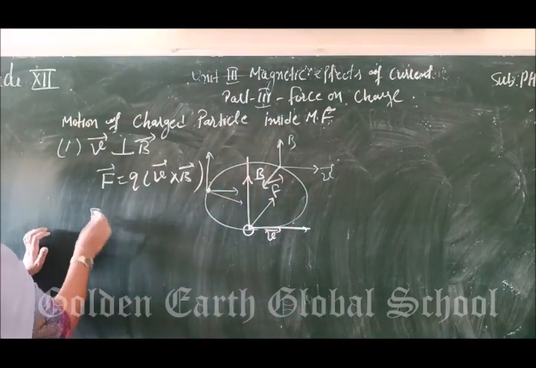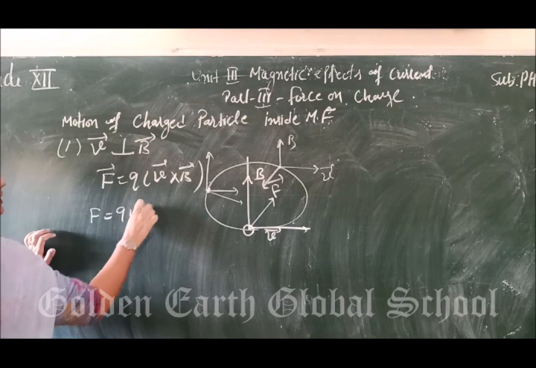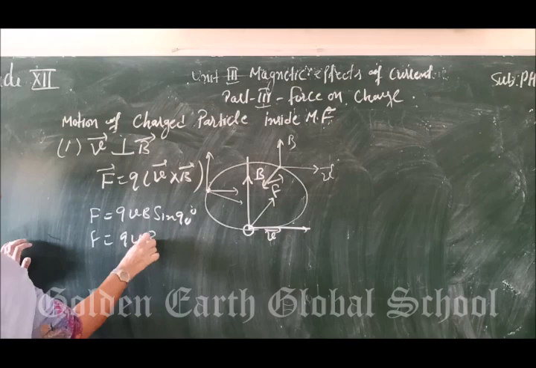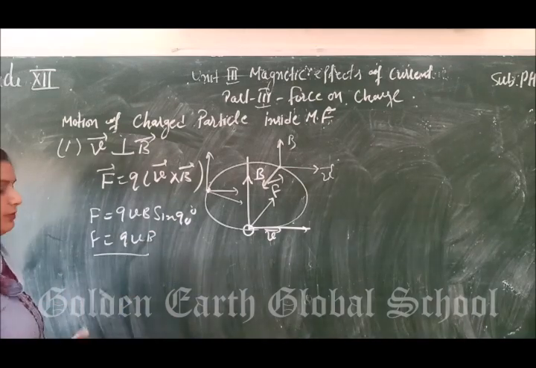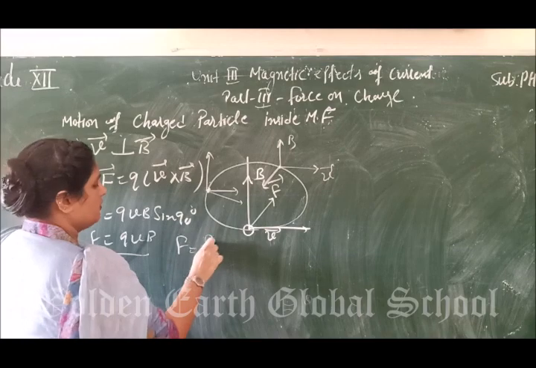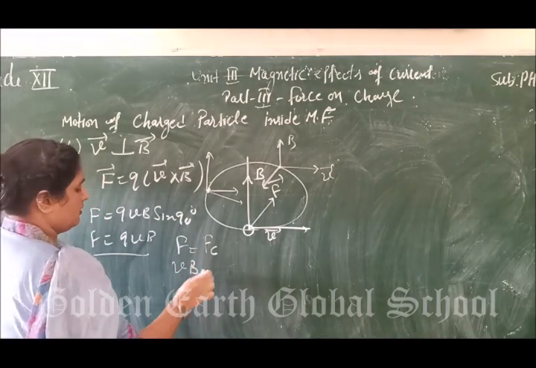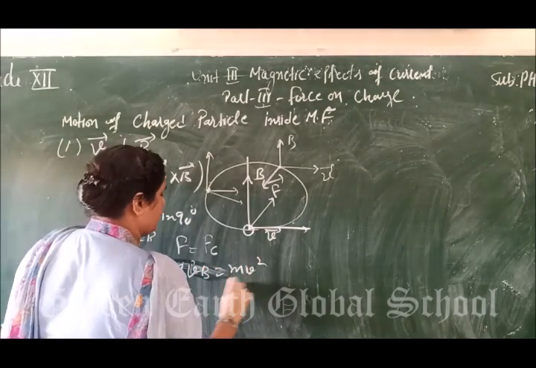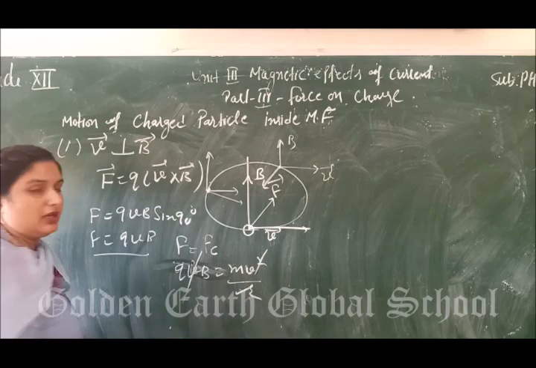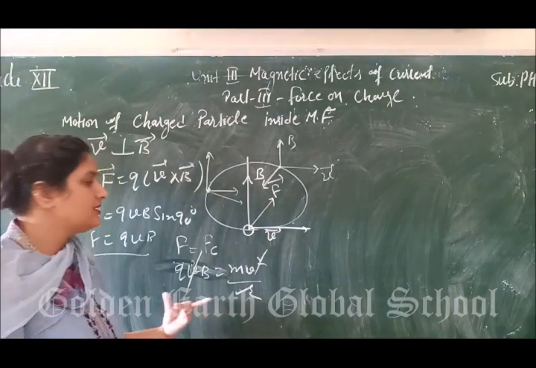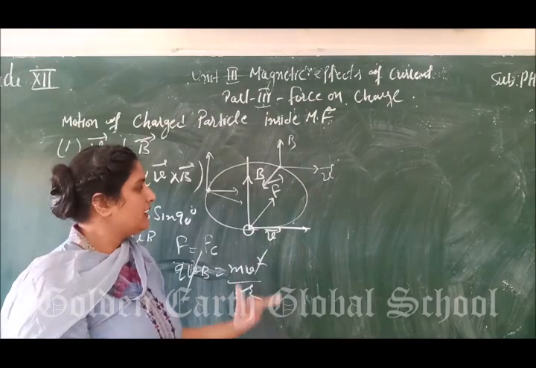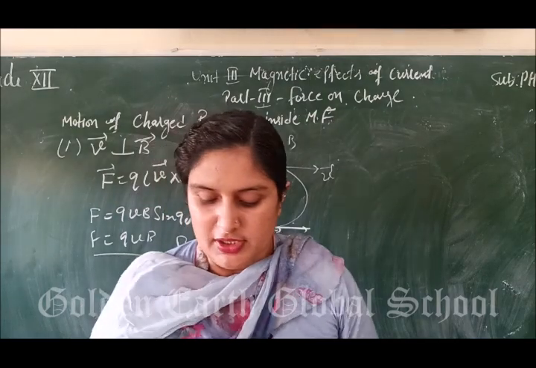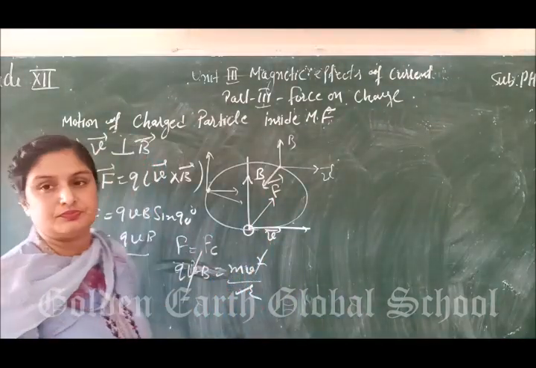Means F is equal to QVB sin 90 degree. From here, F is equal to QVB. This force is playing the role of the centripetal force, or F equal to FC, QVB is equal to mv square by R. From here you can calculate the value of R, the radius of the circular path that is traversed by the particle that is moving under the action of the magnetic field.